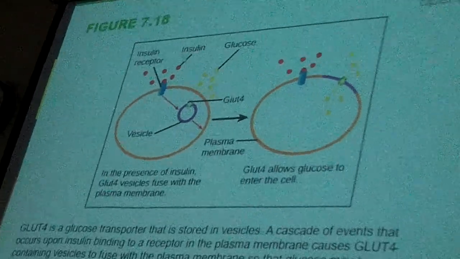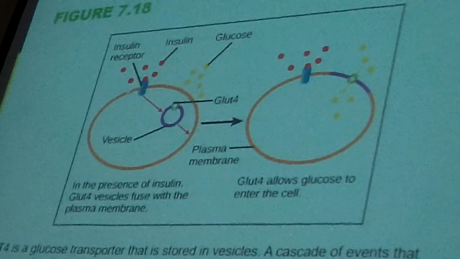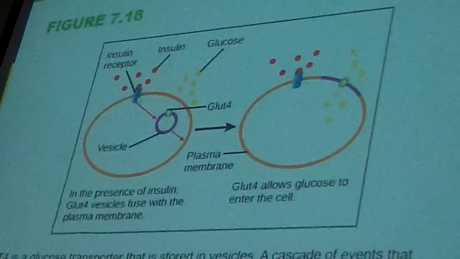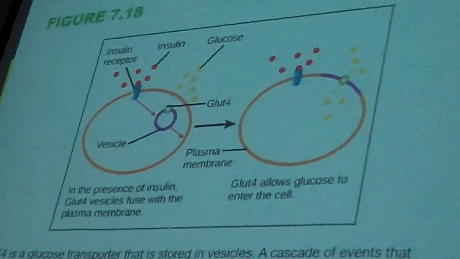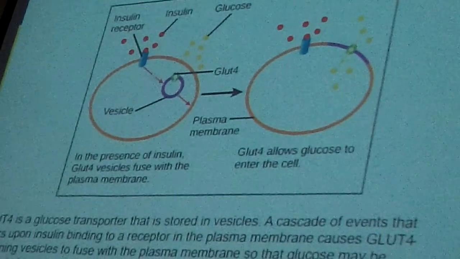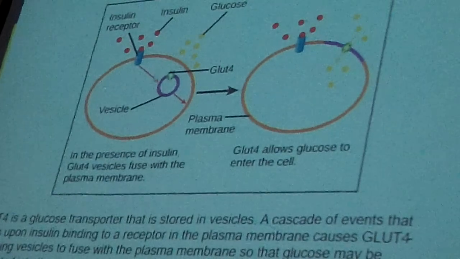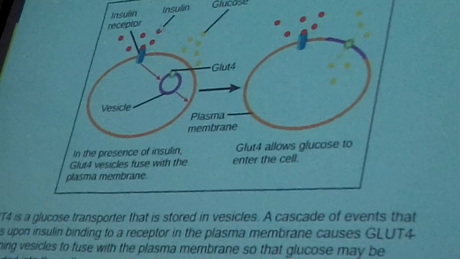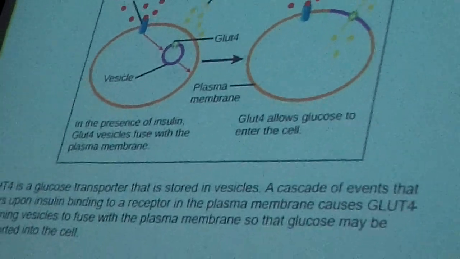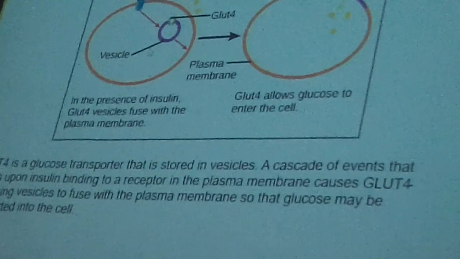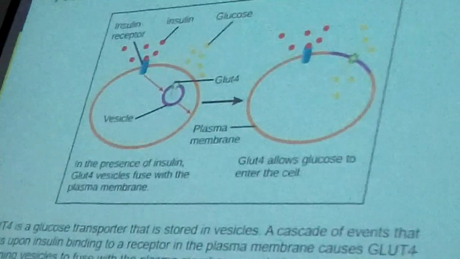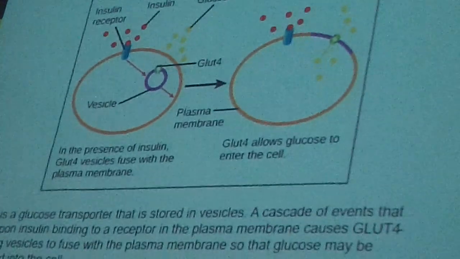So here's an insulin molecule. It attaches to a cell. This is a cell. The insulin molecule attaches to an insulin receptor. There's a chain reaction that happens inside the cell, and we have a whole chapter that talks about these chain reactions. But once the insulin is received, there are vesicles sitting inside your cells that have a channel protein called GLUT4.